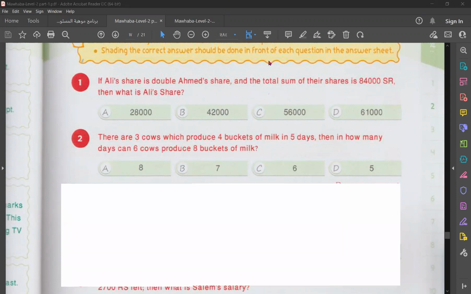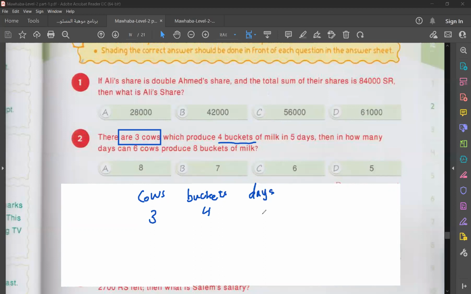If I want to solve this problem, the question said there are 3 cows. So this subject here, cows, I put it here, which produces 4 buckets of milk. So I put here buckets, or object, we put here 3 cows, produce 4 buckets of milk in 5 days.